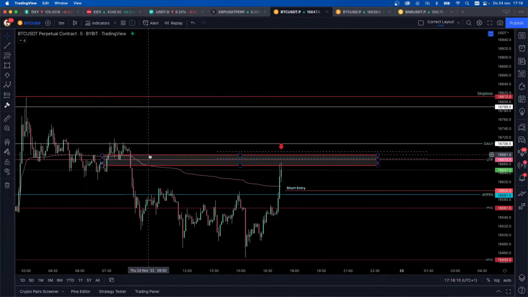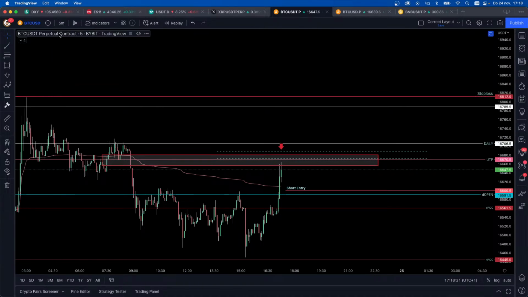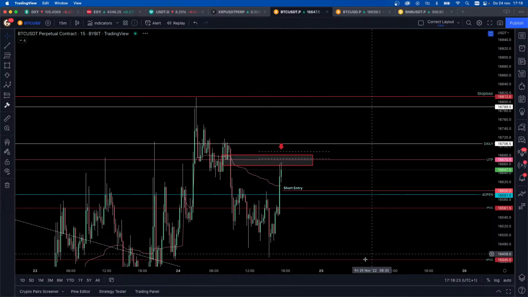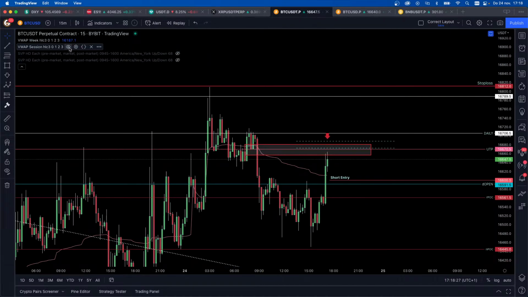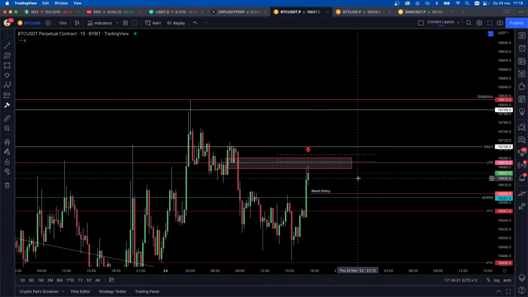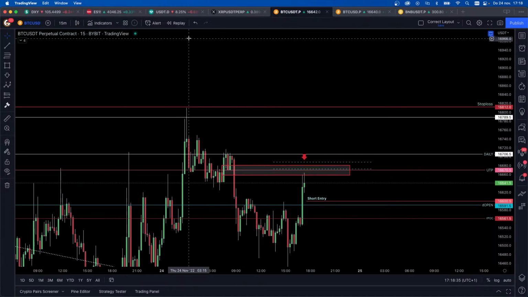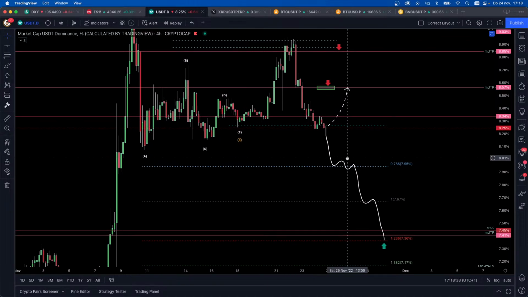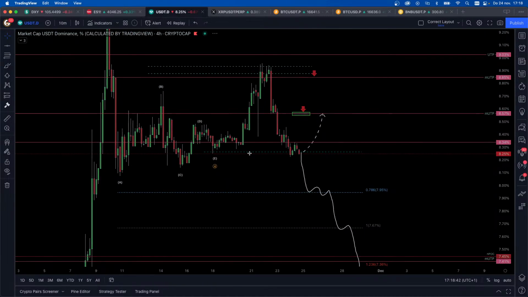Okay, last resistance. I think it does look kind of weak, USDT.